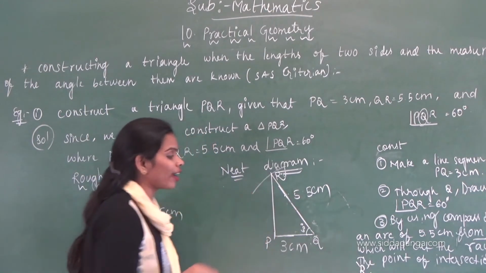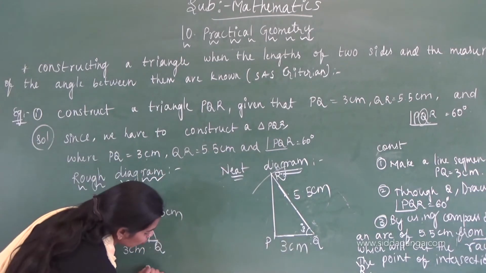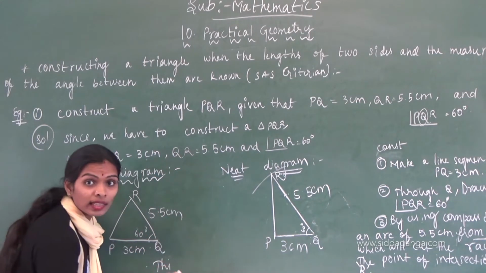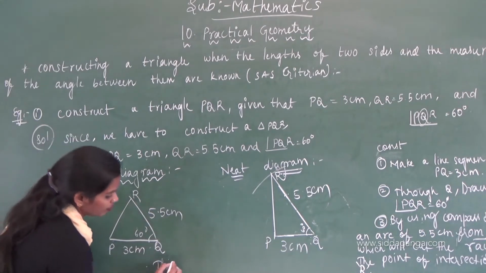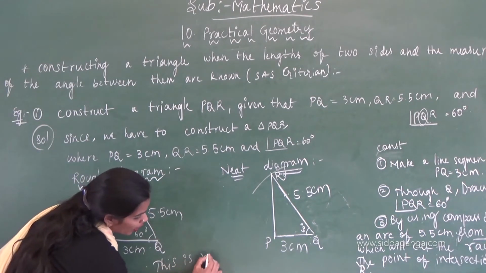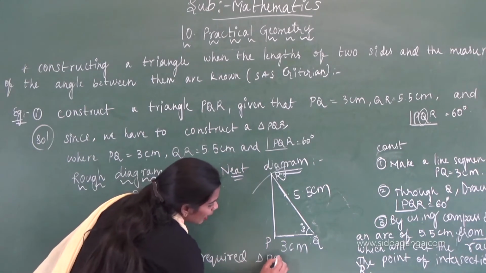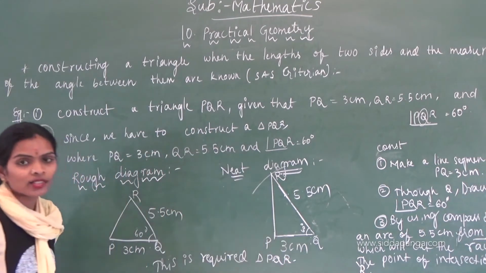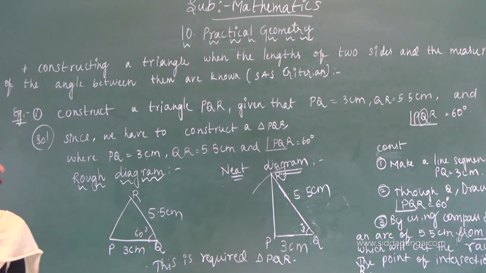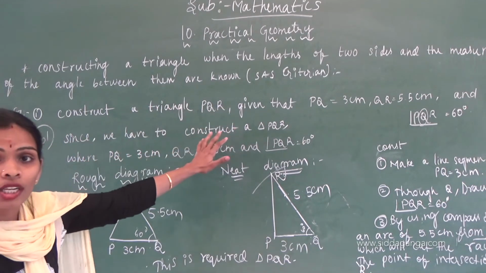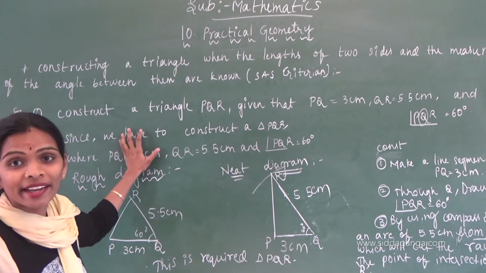And then lastly, finally you have to write: therefore this is the required triangle PQR. Okay children, here what we are doing, whatever is there in the question, I am writing it.